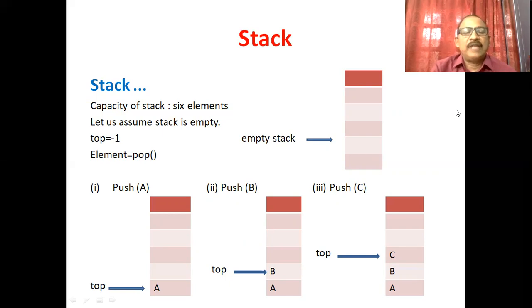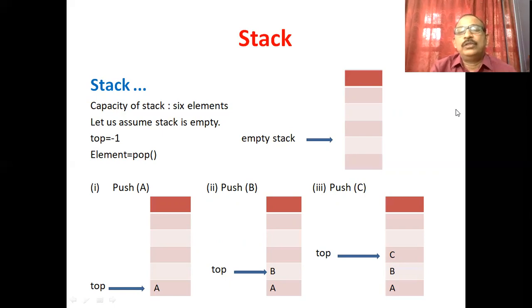Suppose the stack has one element A, and we are going to perform another push operation, push B. You can see in the picture, here we add the element B on the top of the stack. So B is the topmost element of the stack, and now A becomes second from the top.